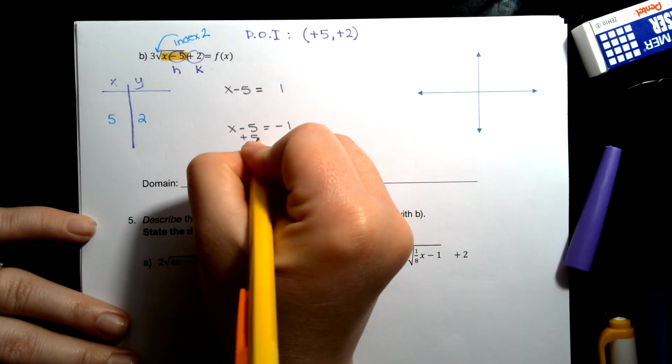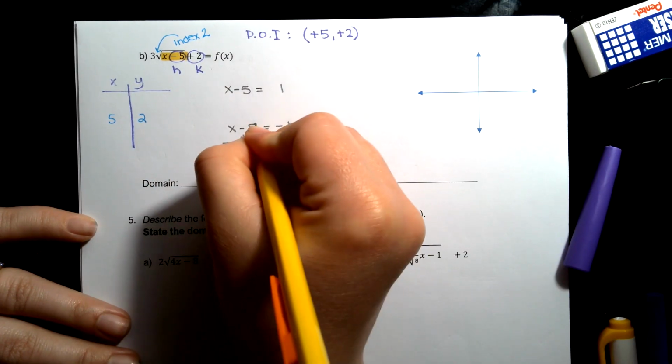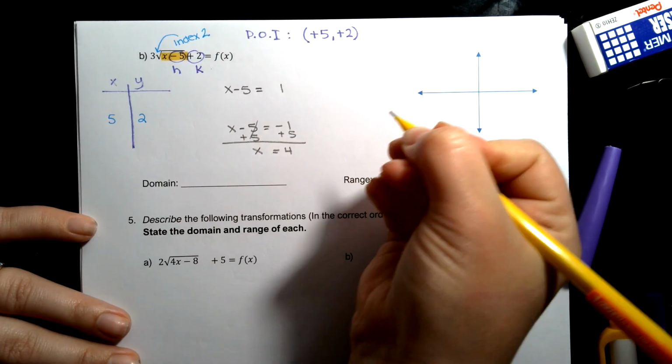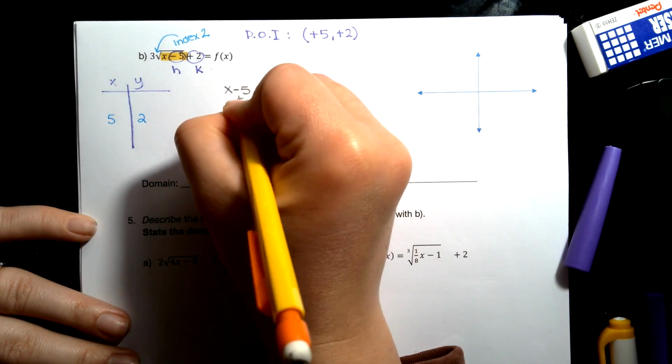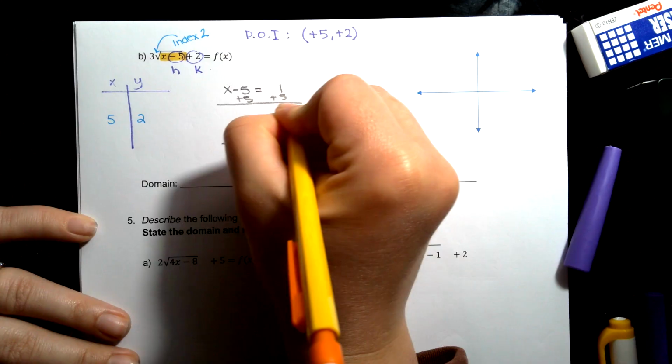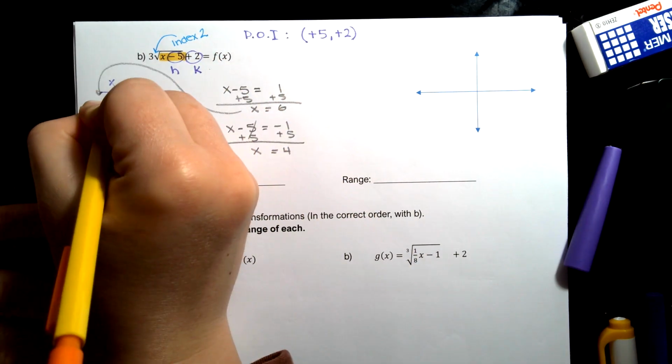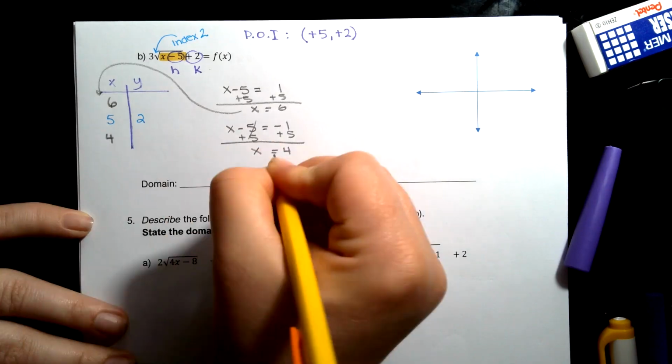And we continue to solve. So +5, +5. We get a 4 here. And here we get +5, +5. We get a 6. So take that 6, you're going to write it in here. And this 4, you're going to write it in here.